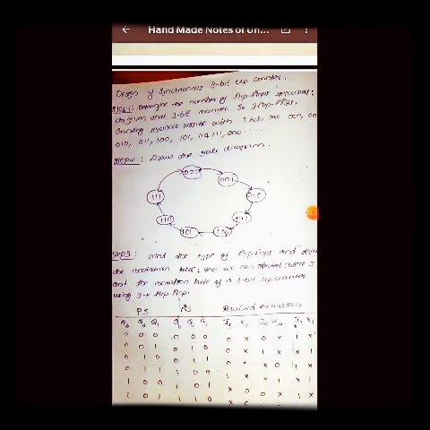Similarly, in the next step, the present state is 0, 1, 1, and the next state is 1, 0, 0. So similarly, we can do all these countings. So we have to take the present state and next state together.